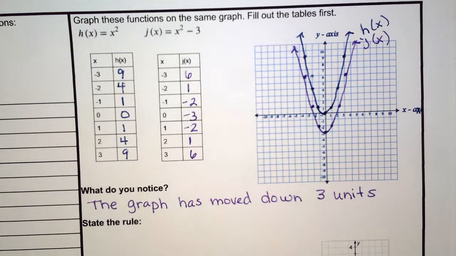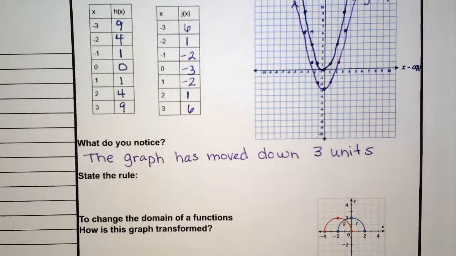Okay, state the rule. What happens when you add or subtract at the end of the graph? When you add or subtract at the end of the equation, it will move up or down.